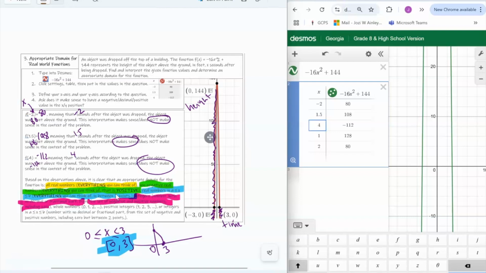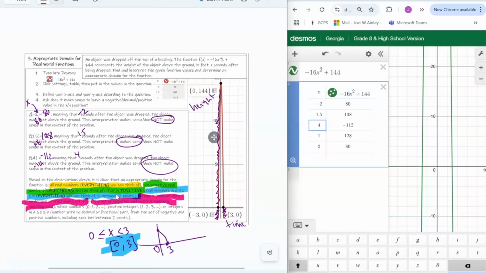The only reason this is not an integer between 2 points is because I had a decimal in there. And remember, if you're looking at an integer, you're just talking about the numbers 1, 2, 3, 4. So I couldn't pick that one because it includes 1.5. And that's why they break it down for you, so that you can make sure that you pick the right definition here.